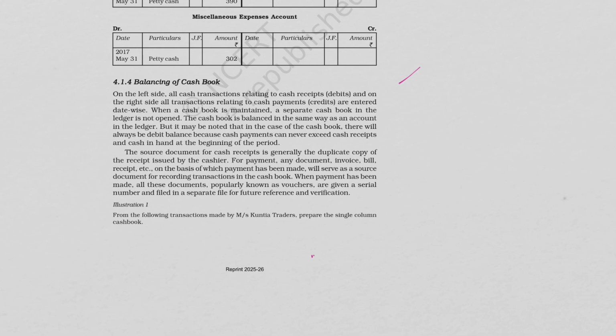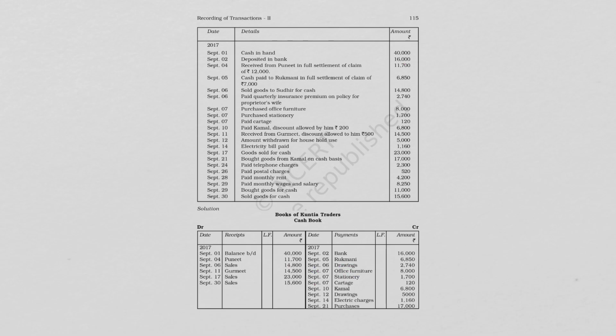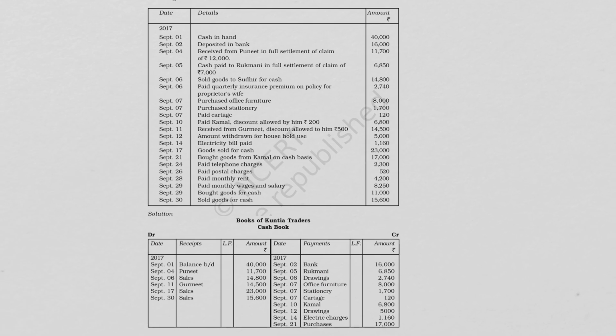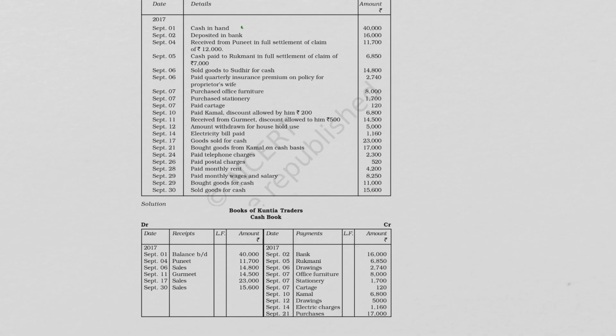Now moving on to balancing of cash book, let us go through these examples. From the following transactions made by Kuntia Traders, prepare the single column cash book. First of all, cash in hand 40,000. This is the balance brought down, so we'll debit it by 40,000. Cash account is our asset.